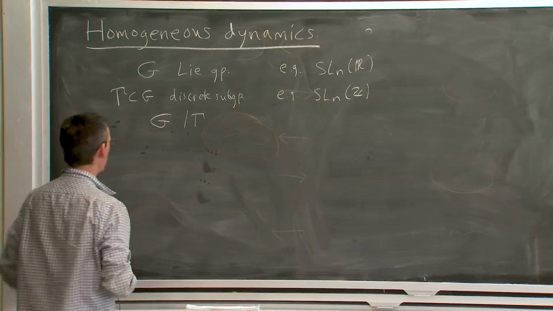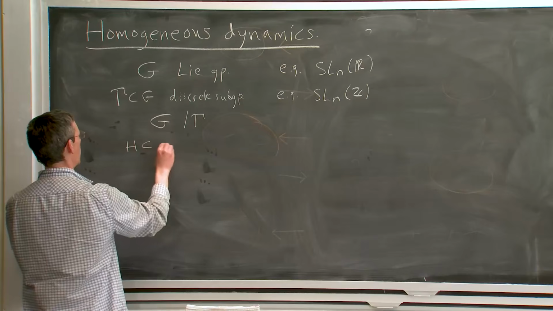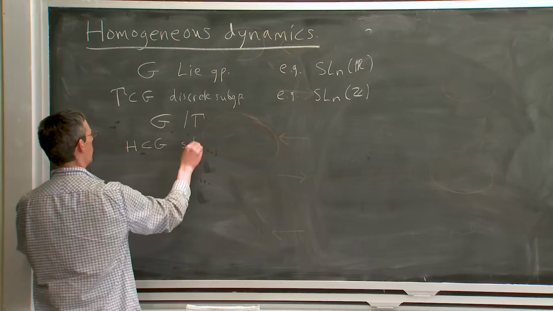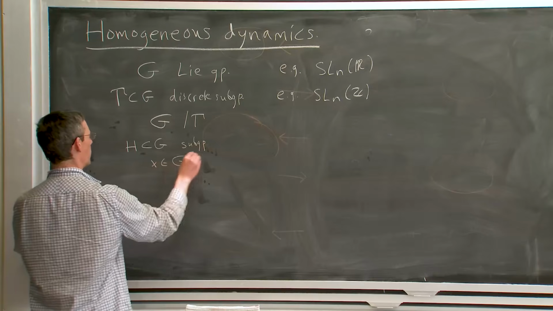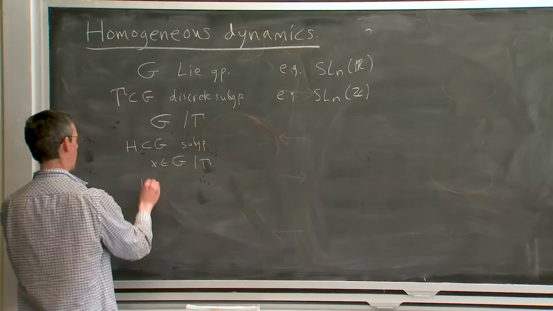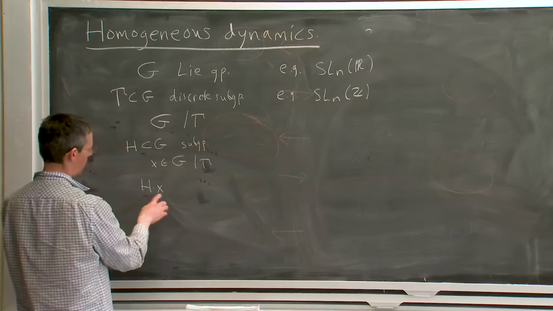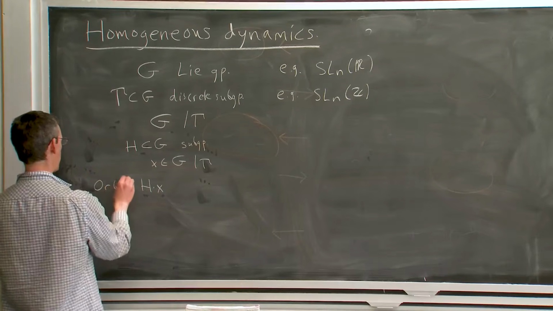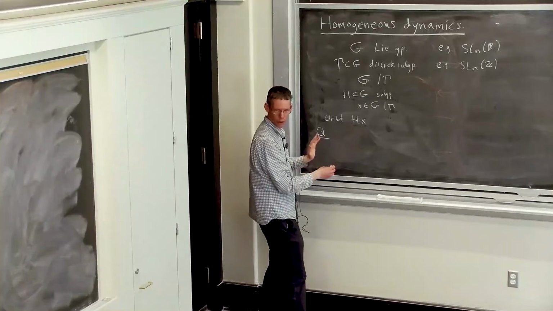OK, now what does dynamics mean? Suppose that H is a subgroup of G. And then if x is a point in G mod Gamma, then we can look at H dot x. So H acts on G mod Gamma, so you can talk about H dot x. That's called an orbit. And the question is to describe the orbits.